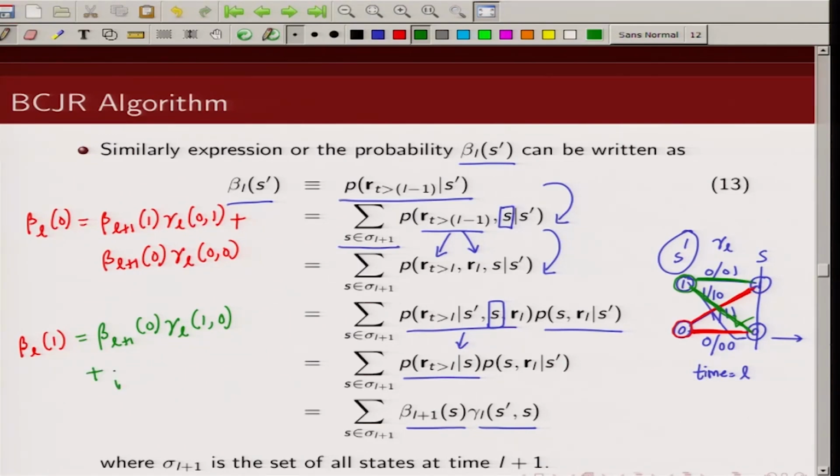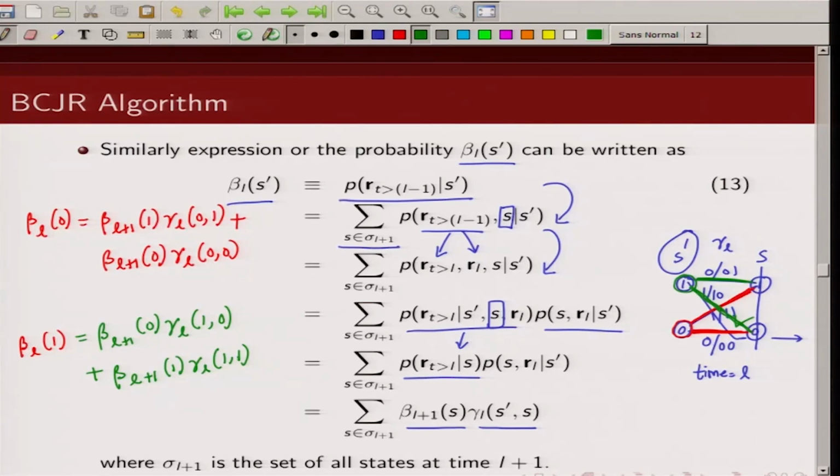This will be given by beta L plus 1 1 times gamma L 1 1. So, this is our expression for betas.